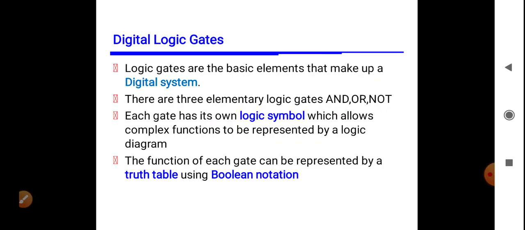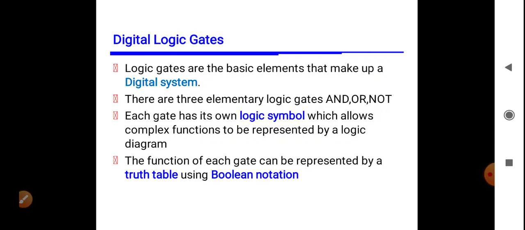Whereas the OR gate is symbolized by plus, but it will not perform the arithmetic operation. Instead, it performs the Boolean operation of OR. The third gate is the NOT gate, which performs a complement operation.